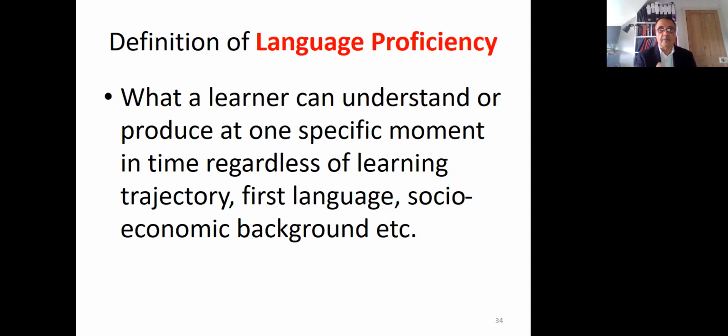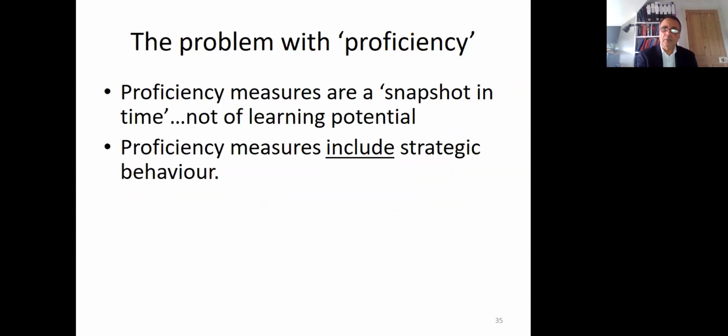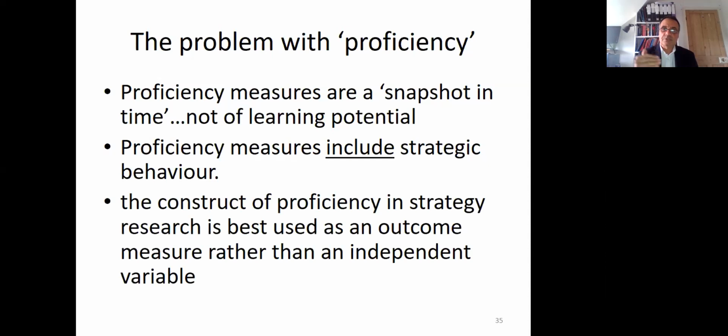It's just a snapshot in time. So how do we deal with that in terms of linking it to strategic behavior? So the construct of proficiency in strategy research, and particularly in EMI, is best used as an outcome measure rather than an independent variable. I'll talk about that if people want me to in questions.